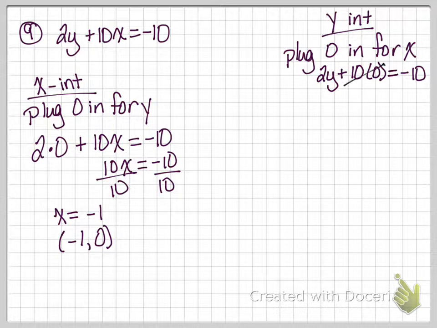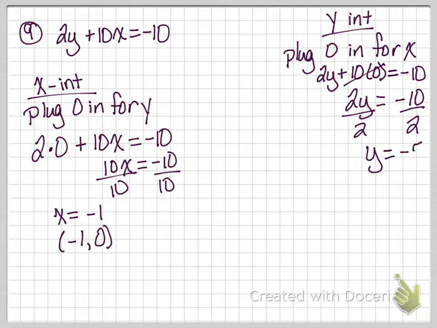So 10 times 0 cancels out, and I'm left with 2y equals negative 10. Divide both sides by 2, and I have y equals negative 5. My y value is negative 5. What is my x value for my y-intercept? What did I plug in for x?